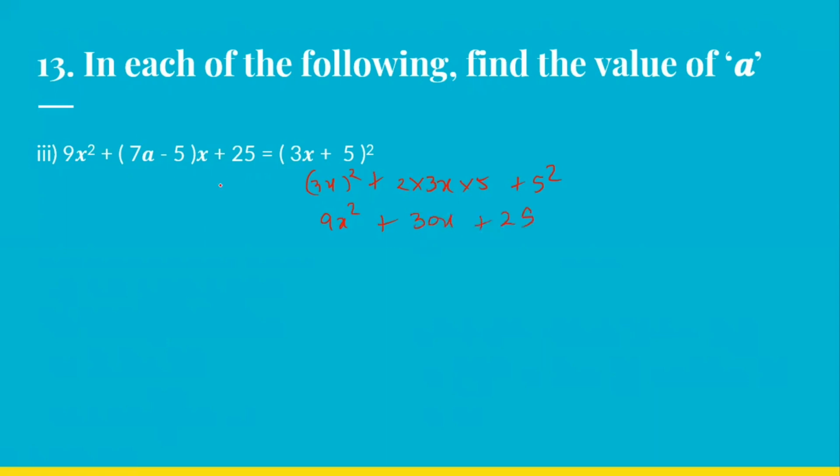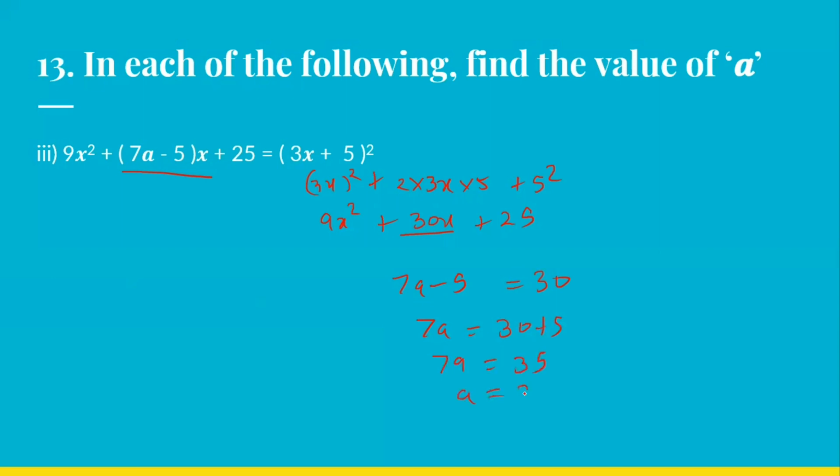Compare the LHS and RHS. You have 7a minus 5 multiplied by x is equal to 30x. When you compare this, what is the coefficient of x here? The coefficient of x on the left is 7a minus 5, and on the right it is 30. So you get 7a minus 5 is equal to 30, 7a is equal to 30 plus 5, 7a is equal to 35.